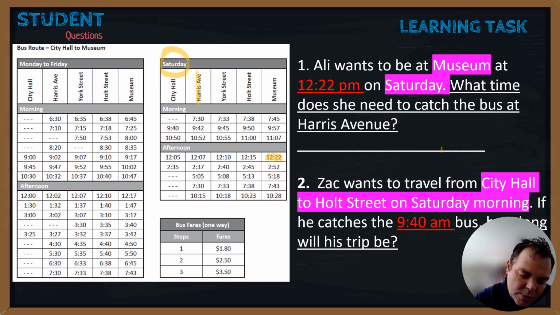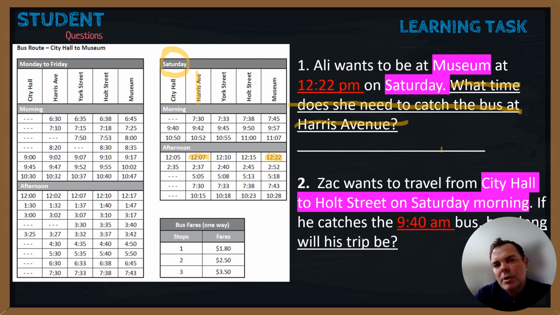So we're going to work backwards, and he needs to jump on at 12:07 to make sure he's there on time. Just look at how easy that makes it because I've highlighted that information and underlined what the question is asking me to do.